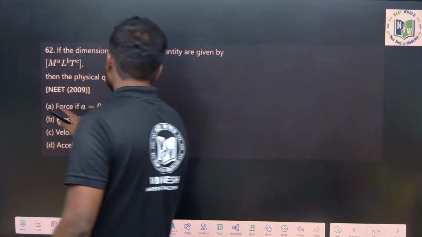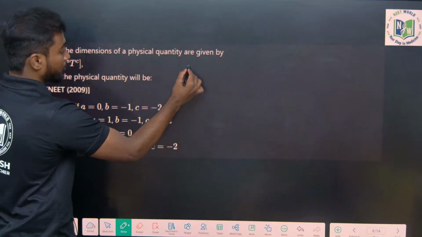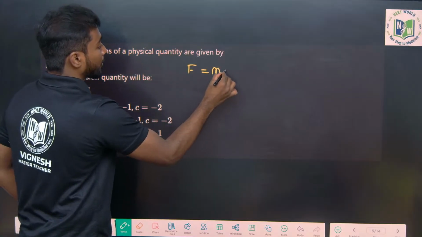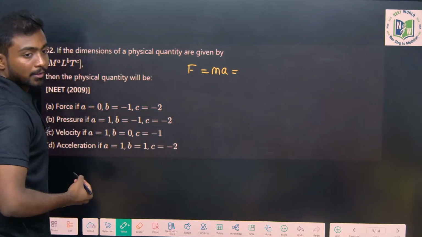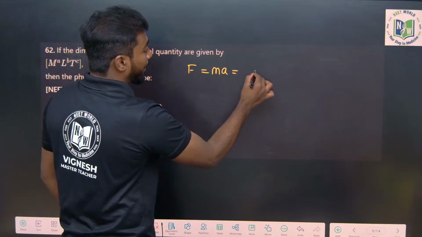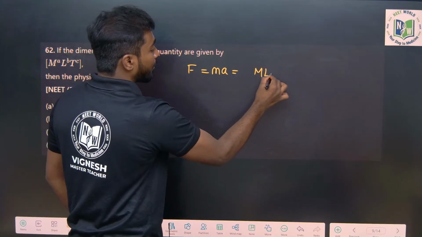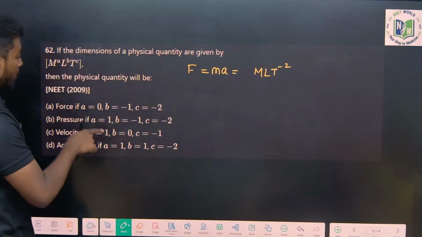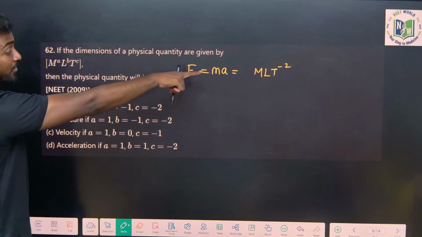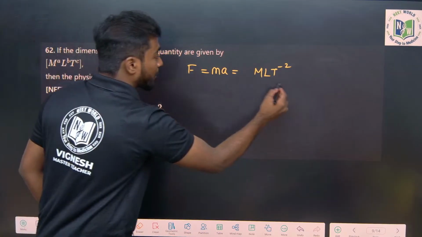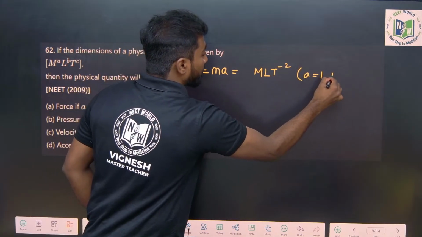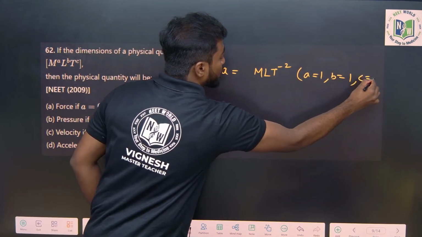What about force? Force is nothing but mass into acceleration, right? So M L T power minus 2. Now if I see here, a power 0 is wrong. For this, a is equal to 1, b is equal to 1, c is equal to minus 2.